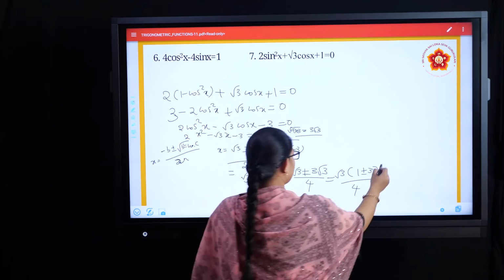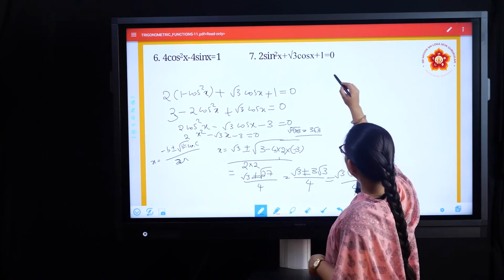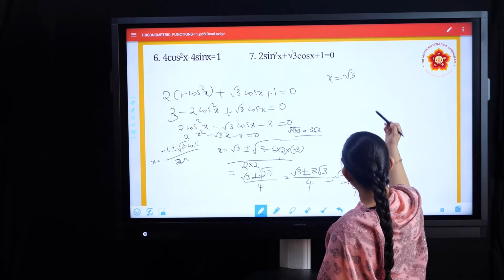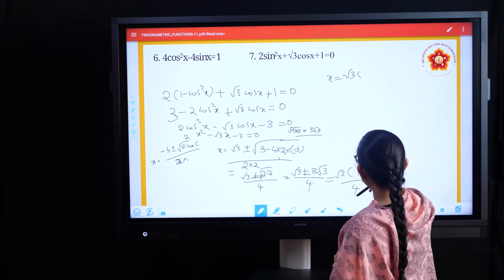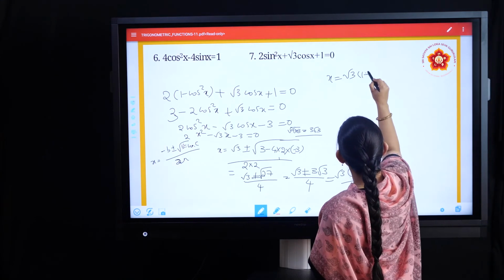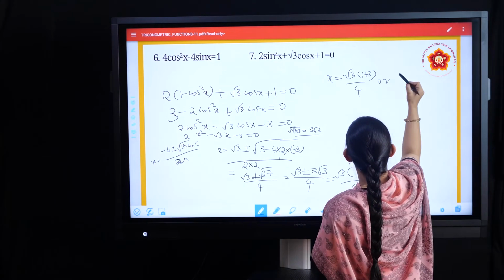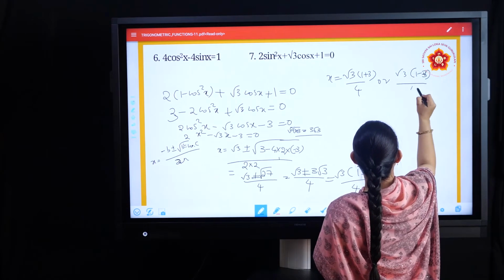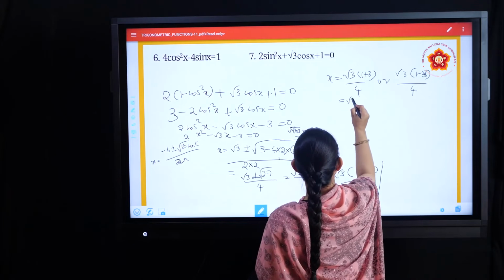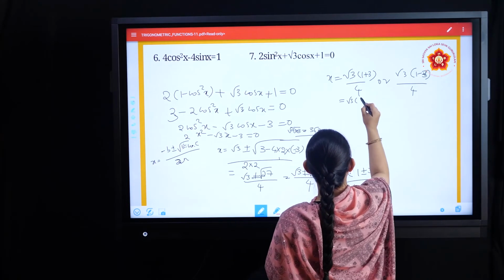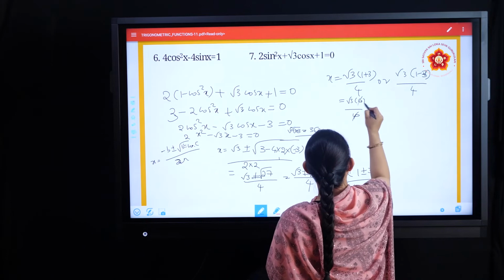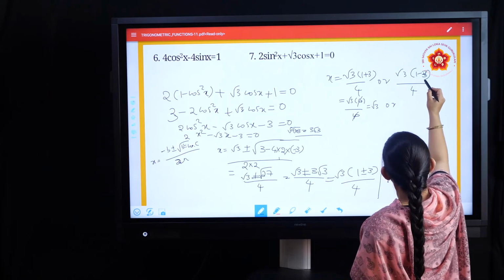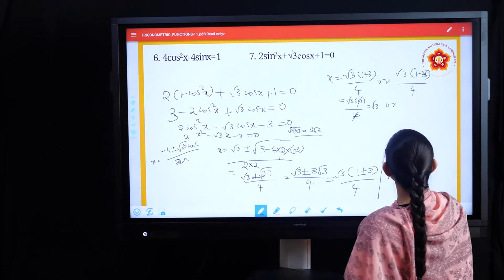So I have now two cases, that is x can be equal to root 3 into (1 plus 3) by 4, or root 3 into (1 minus 3) by 4. So what is this? That is root 3 into 1 plus 3, 4, 4 by 4, that is root 3, or we have here 1 minus 3, that is minus 2.